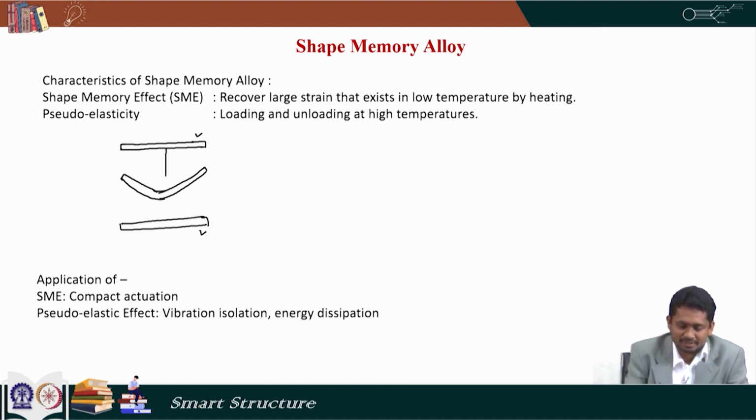So, we get this shape by applying force, and then by applying heat we regain the unstressed shape. So, in some sense this material, although here the deformation seemed to be permanent, had its previous shape in memory. So, under heat actuation it could regain its previous shape. So, it is shape memory effect.